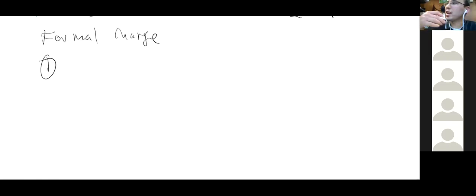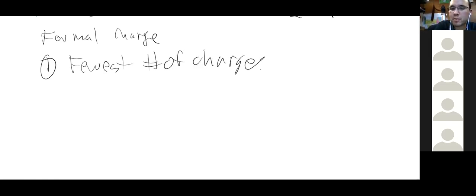If we're looking at our formal charge, what's the best formal charge to have? Zero, none, right? So we would like to have the fewest number of formal charges. If we can get zero, that would be best. If we can only get one, then that'd be one. Now, is a +1 better or worse than a +2? Better.